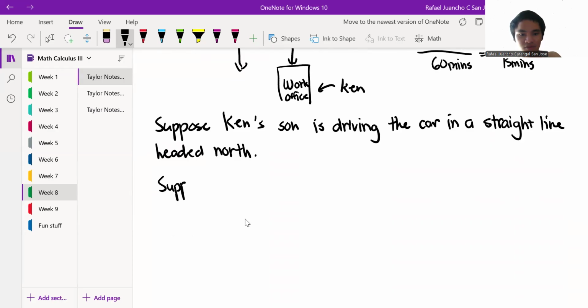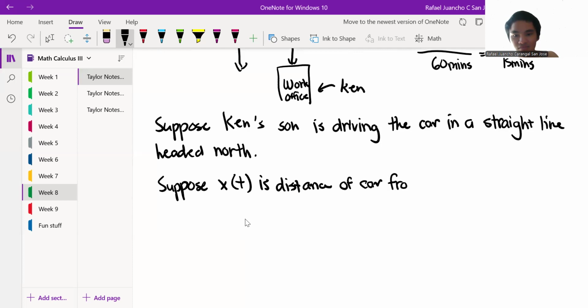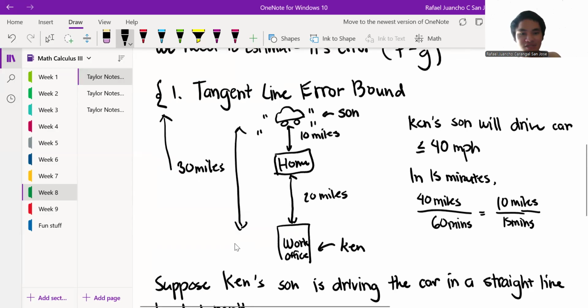And we also want our x of t, or suppose x of t, is the distance of the car from Ken at time t. So at a certain time, that's the distance of the car. So here we're making an x-axis, but it's a vertical x-axis. I would have done like y of t, but it doesn't matter. No biggie.